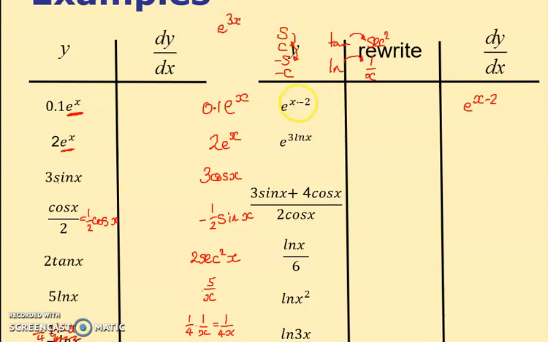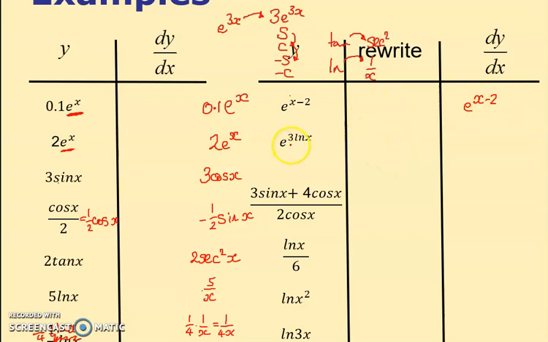What you're meant to do is differentiate the top. So if it was e to the 3x, I'd differentiate the power 3x and I get 3. And so this would become 3e to the 3x. Now when I differentiate the x minus 2, I get 1. So it's just 1e to the x minus 2, which is still e to the x minus 2.